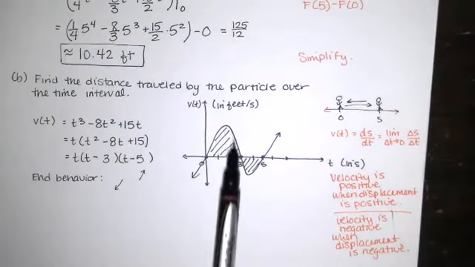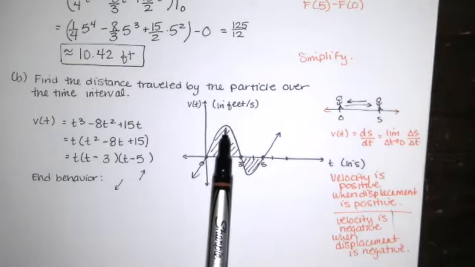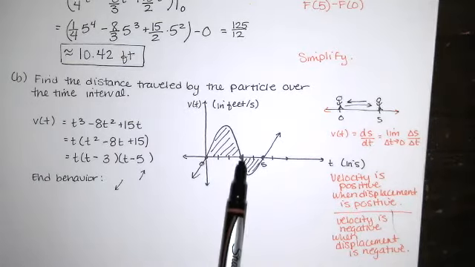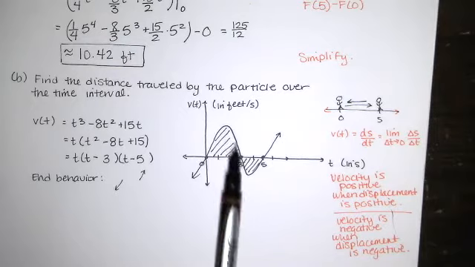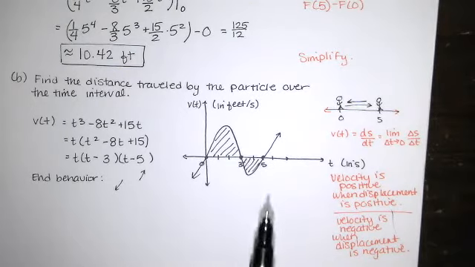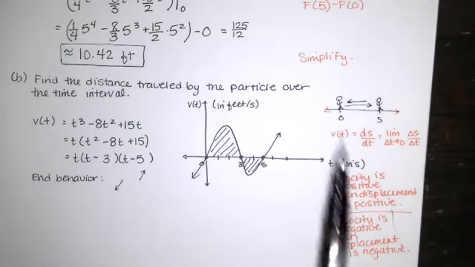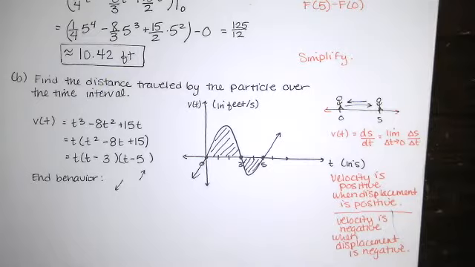If you're saying to yourself, how is that even possible that the velocity can be positive, but it's decreasing, think about pulling up at a stoplight. You're continuing to go in the positive direction. You're continuing to get closer and closer to that stoplight, but you're slowing down as you approach the stoplight.